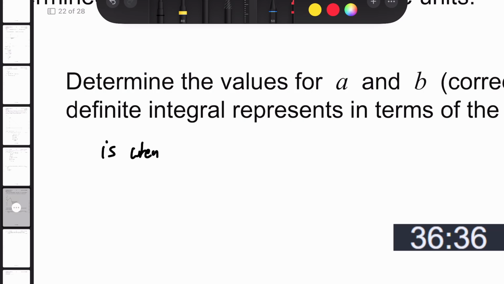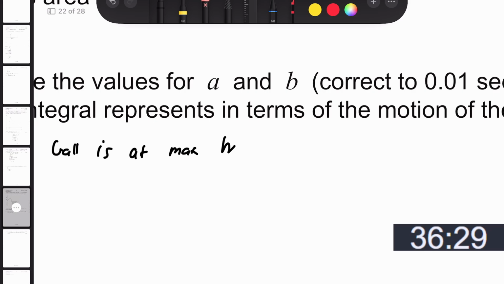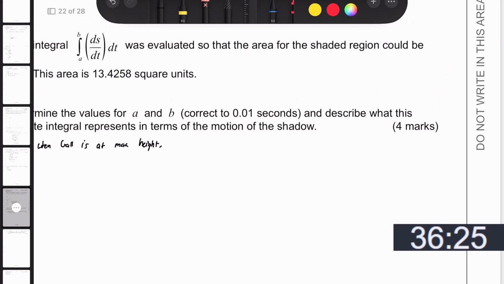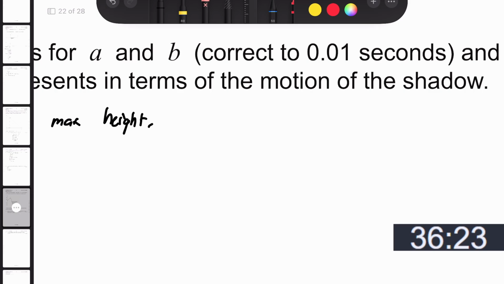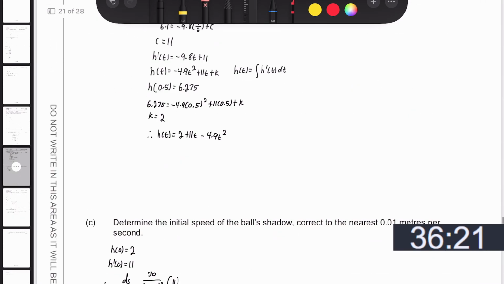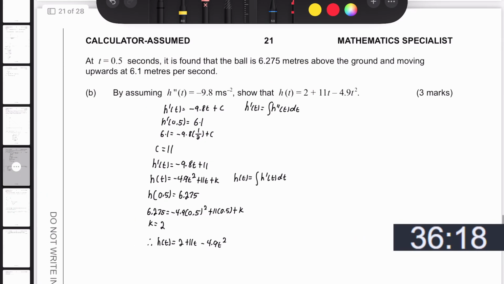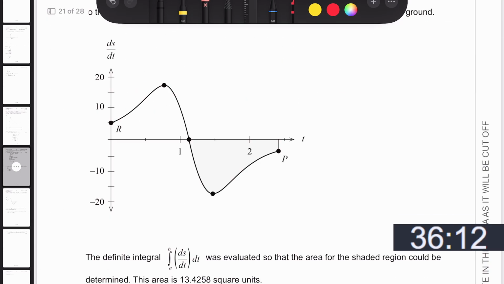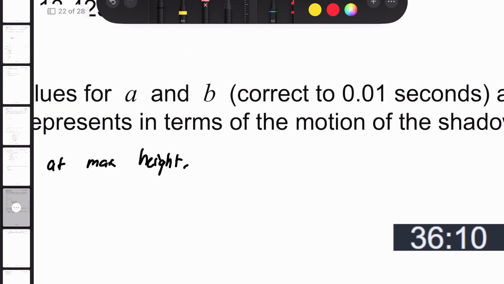So a is when my ball is at max height, and then I'll say this is when h'(t) is going to be 0.